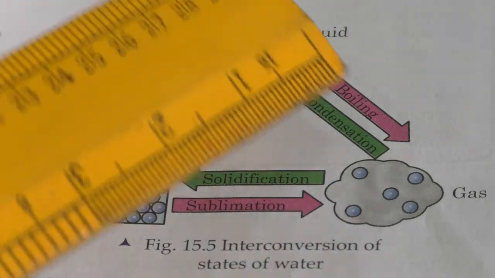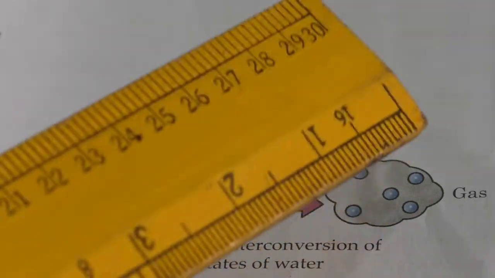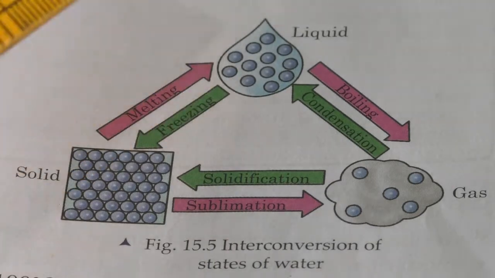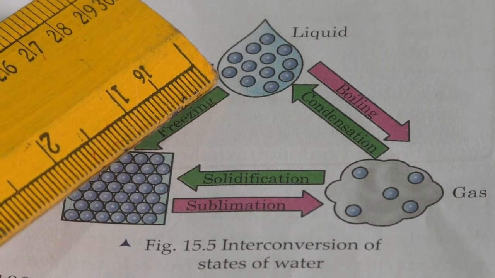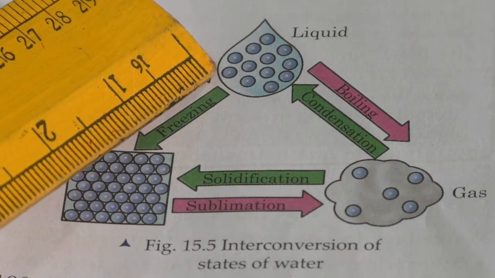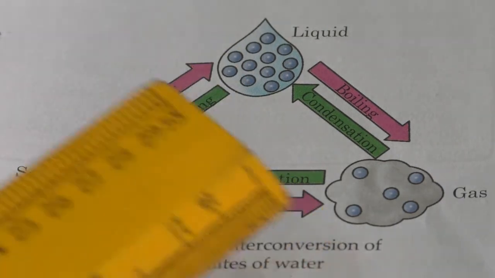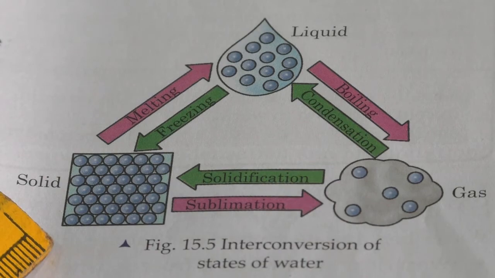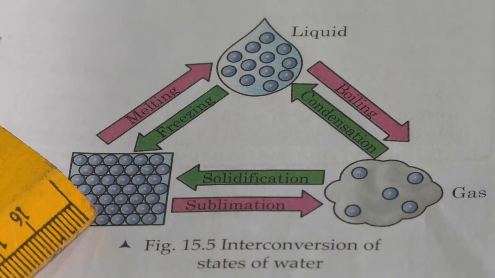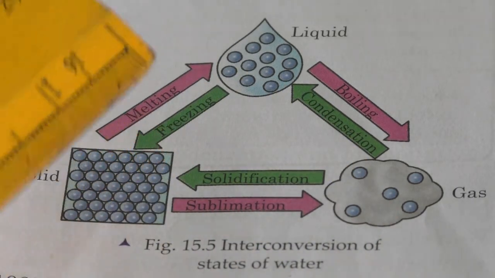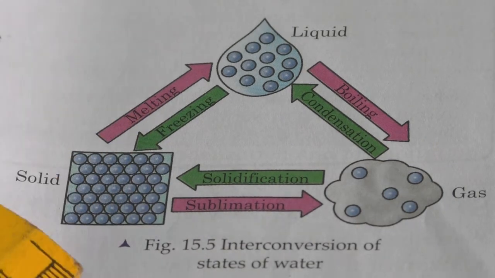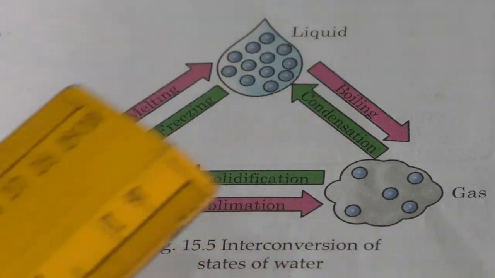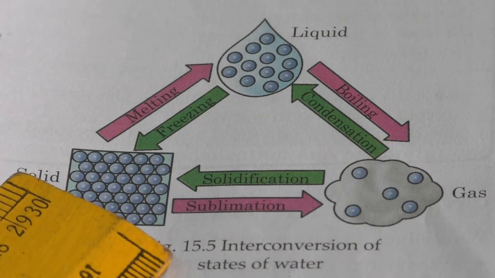And gas is converted to liquid by condensation. And then gas is transferred to solid by solidification, and then solid is transferred to gas by sublimation.